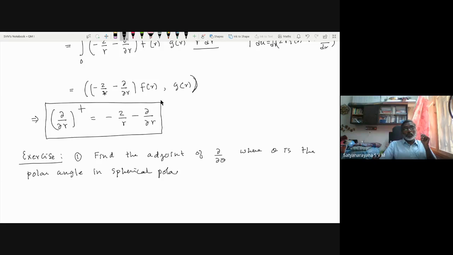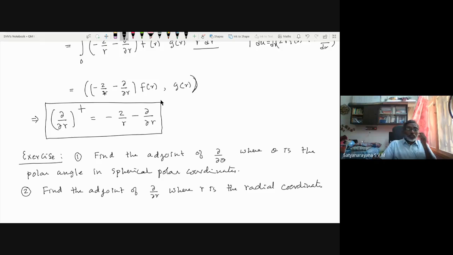And the second exercise is rather simple: find the adjoint of dou by dou r, where r is the radial coordinate in cylindrical coordinates.